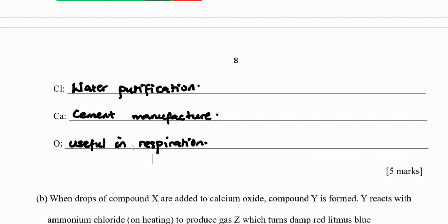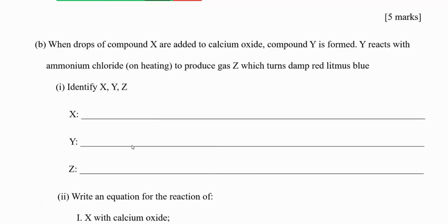Now the next question says, when drops of compound X are added to calcium oxide, compound Y is formed. Now Y reacts with ammonium chloride on heating to produce gas Z, which turns damp red litmus paper blue.